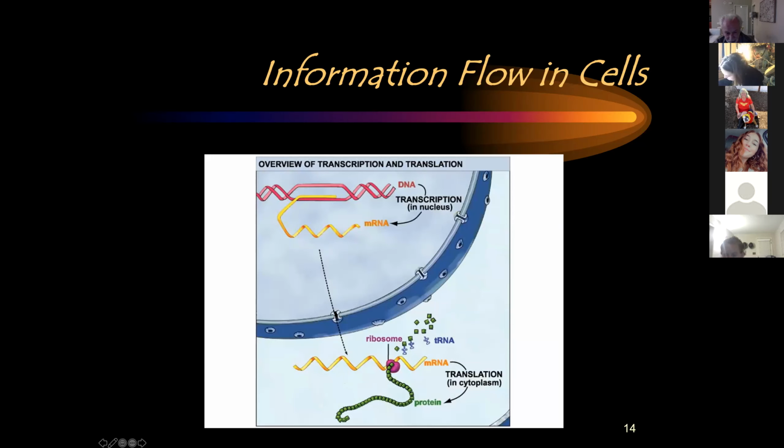It can escape through these little pores, little holes in the nuclear membrane, get out into the cytoplasm where it will encounter ribosomes and transfer RNA. And that's where protein synthesis occurs. So you have transcription in the nucleus, translation in the cytoplasm. Remember that.